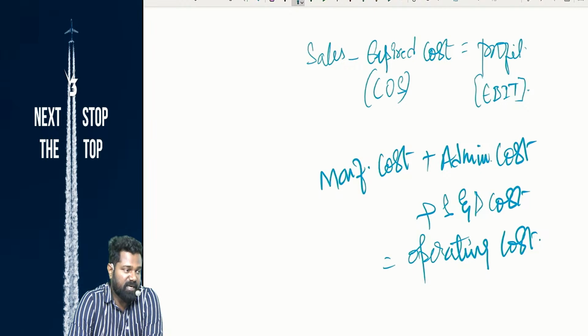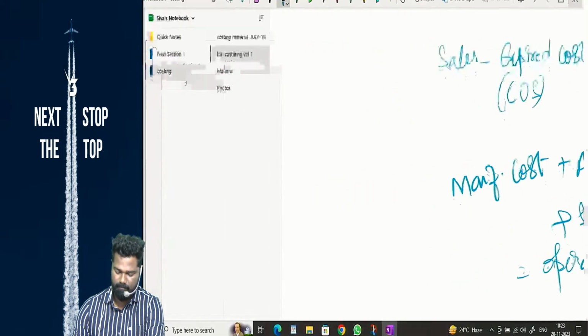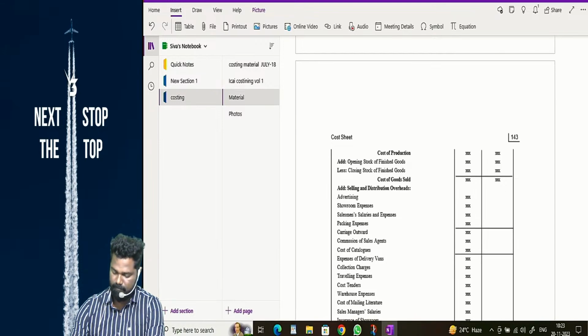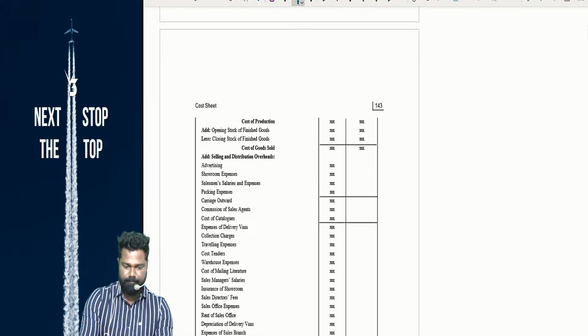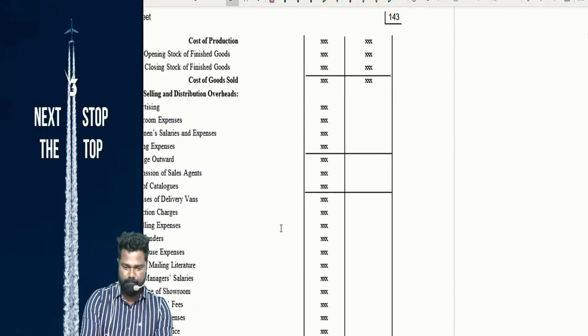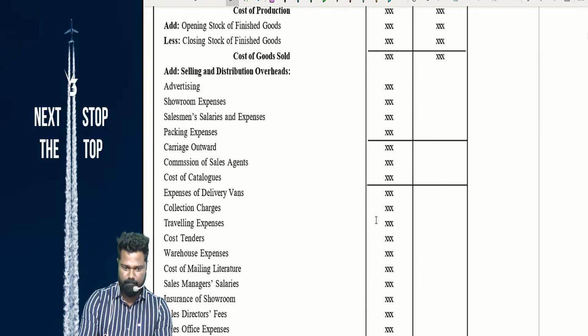Once financial management begins, there you will understand what EBIT is. See, till cost of production.